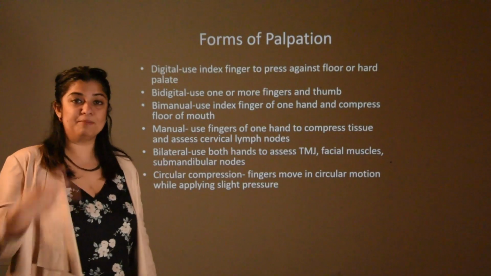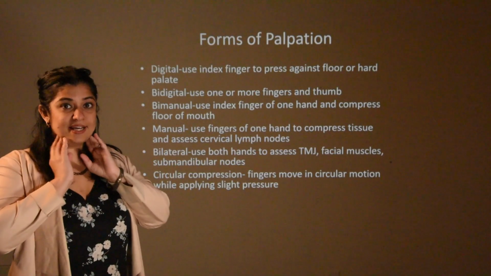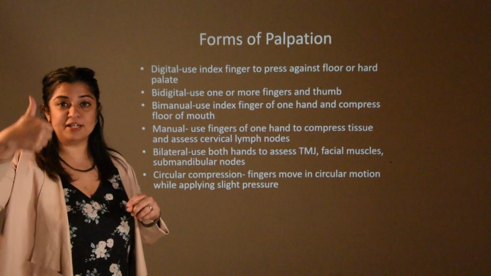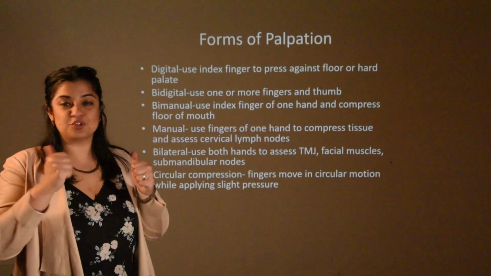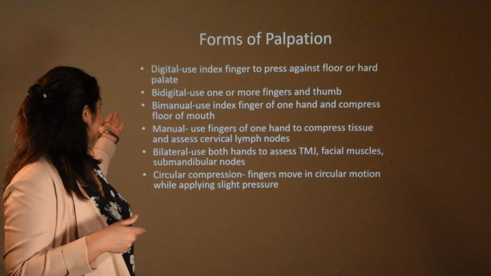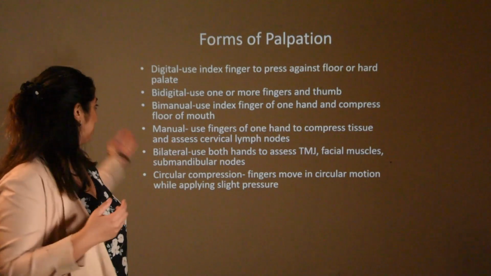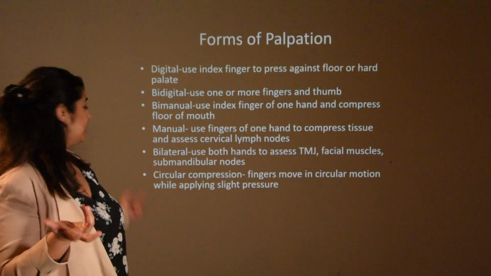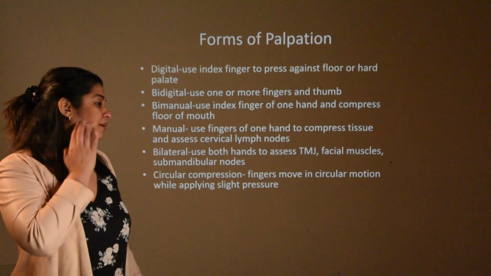As I said, when you're palpating, you want to use your fingers, your digits, your hand or your thumb, or a combination of the thumb and finger. The technique of palpation is just so that you can get access to whatever you're feeling. Based on that, it can be a digital use, a bidigital use, a bimanual use of your fingers, a manual use, bilateral, or a circular compression.